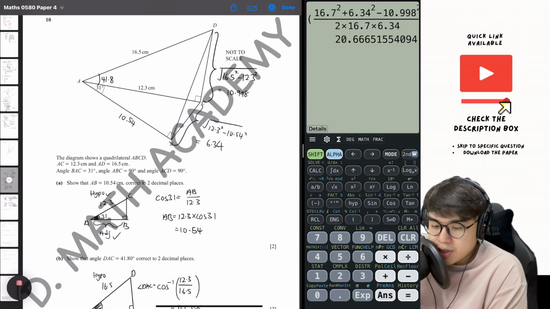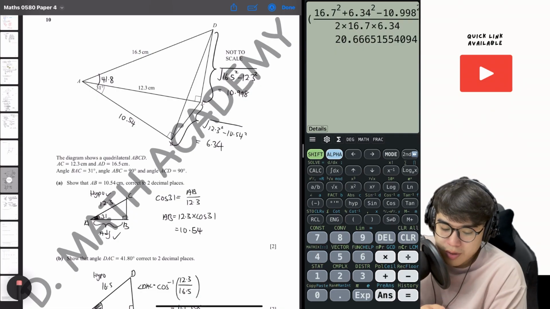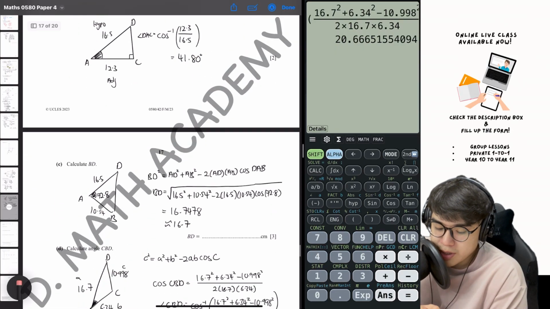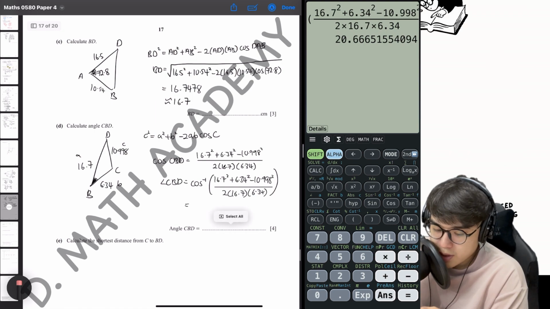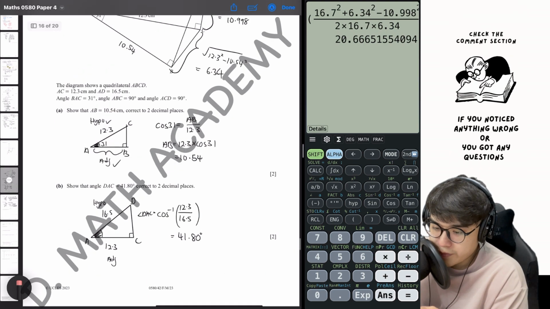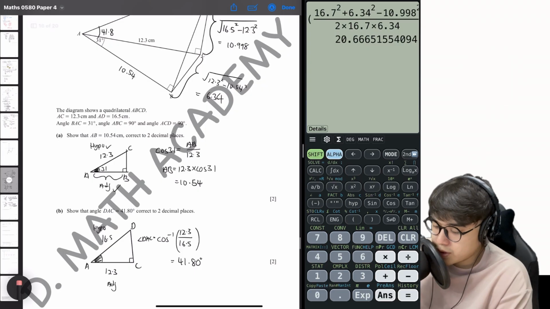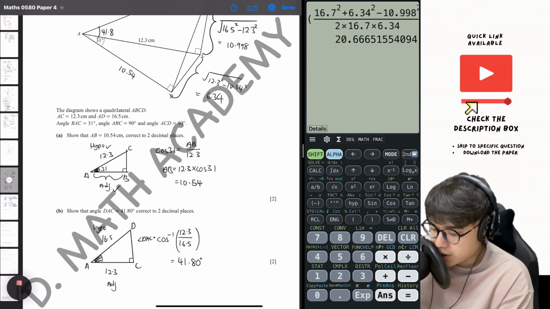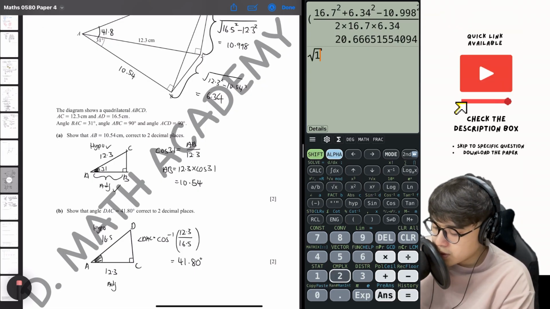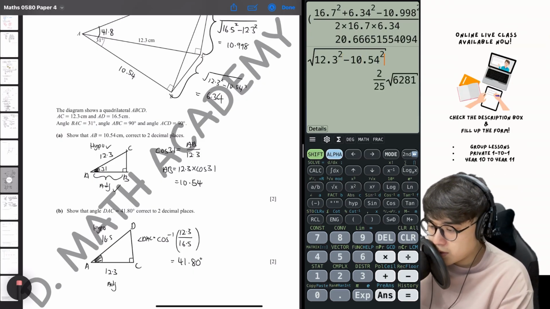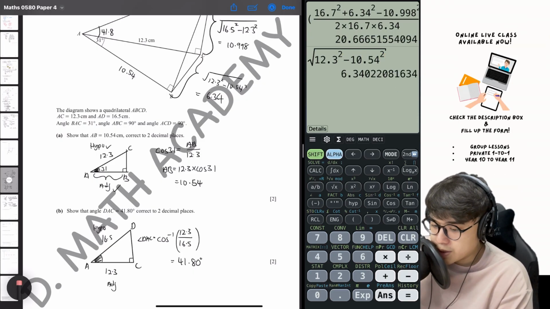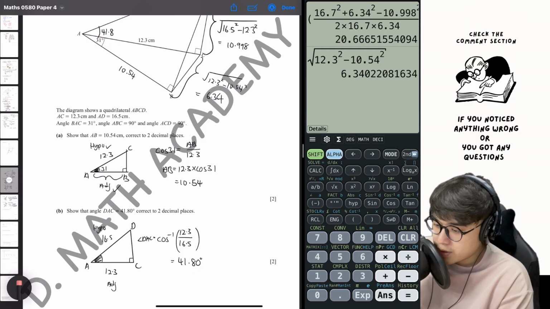Just in case, is there any issue here? BD is 16.7, correct. 6.34, 12.3. Double check. Yeah, 6.34, correct.